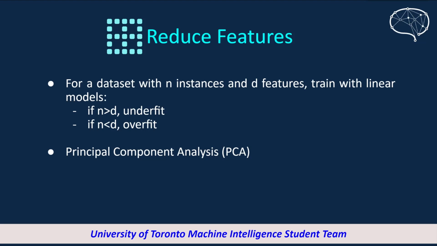But in the other case, if you have fewer data points than features, so n smaller than d, it is more likely to overfit. For example, if you only have one or two data points in a dataset and you have 10 features, it's very easy to model these two data points.